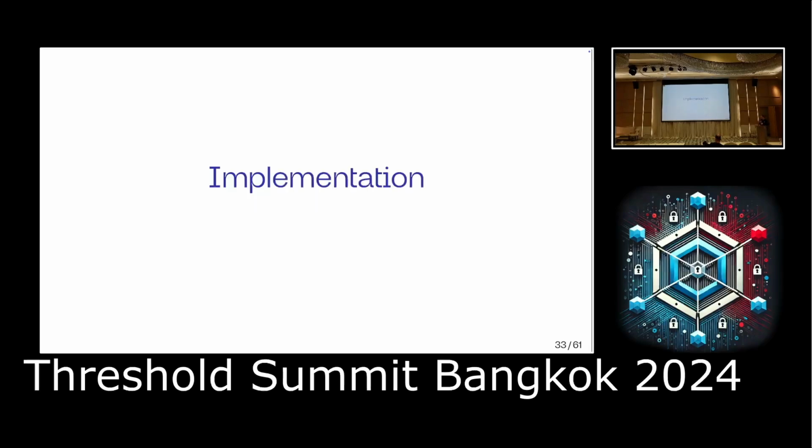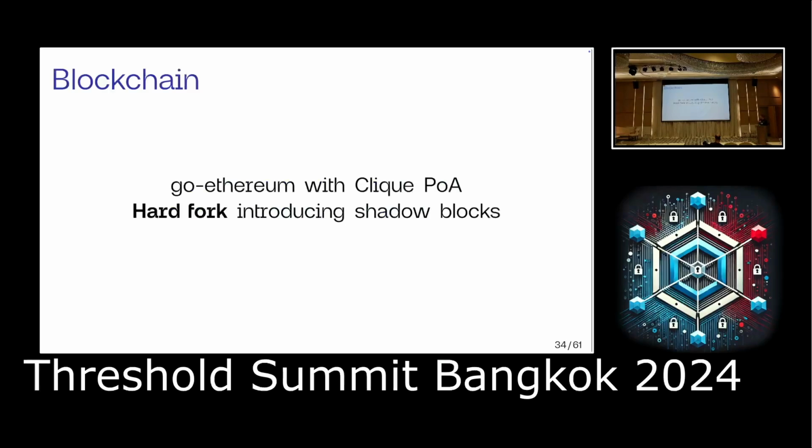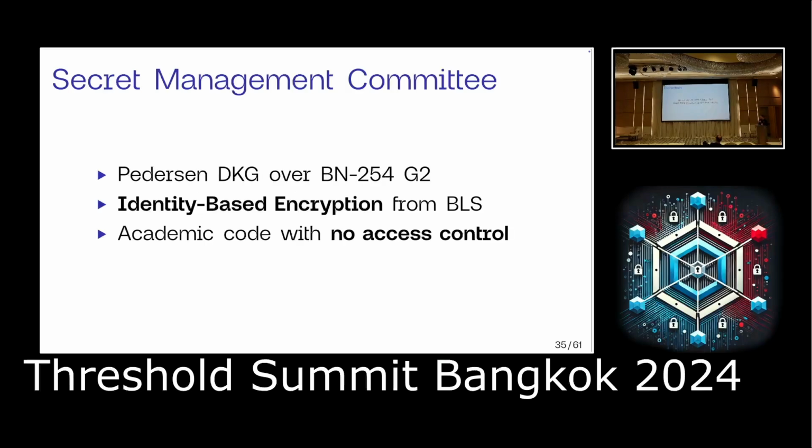Now, going a bit further into what I implemented. The blockchain we used was a fork of Go Ethereum using the Clique proof of authority consensus protocol. And we created a hard fork, which I guess I'm going to call the Bangkok hard fork now, which introduced the new transaction and the new rules about blocks.